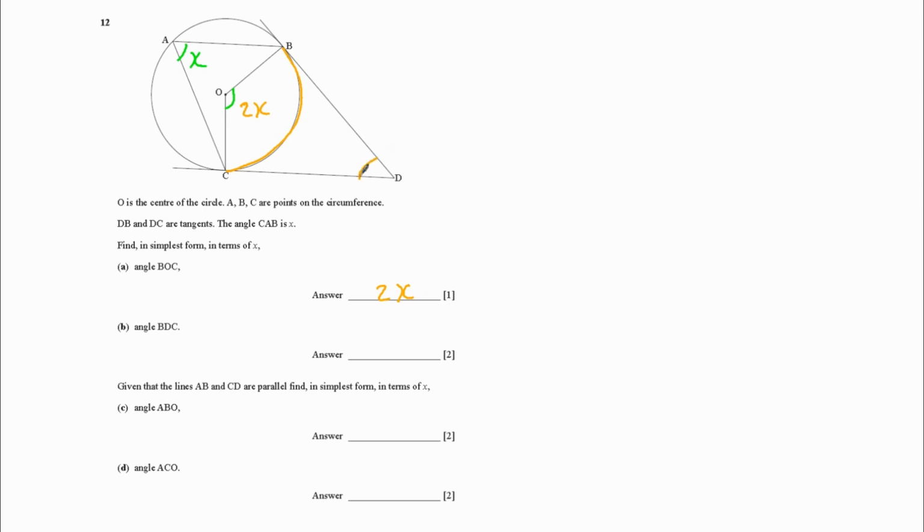Now to find that, if we imagine that we are going to continue this in here, this angle in here is covering half of the circle. Half of the circle, the amount of that arc is 180 degrees.